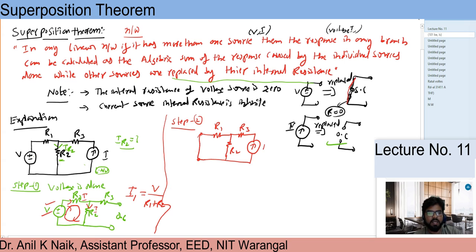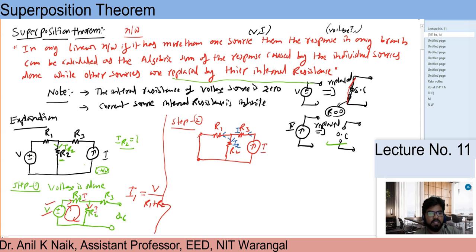And this is my current I flowing here. If you look at the current direction markings, the current goes like this, here and here. Whatever current I is flowing, it now divides between R1 and R2, but I need to find the current here.